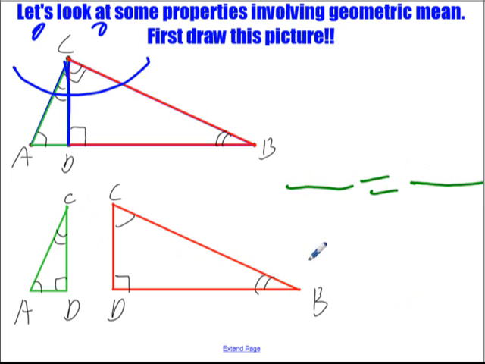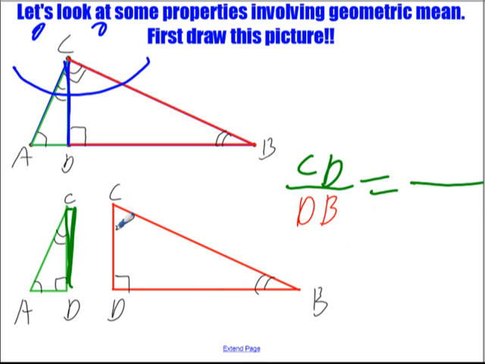We're going to do green to red, green to red, green to red. So CD in the green triangle corresponds with what in the red triangle? Well, CD is the longer of the two legs in the green triangle. So it should correspond with DB, which is the longer of the two sides in the red triangle.